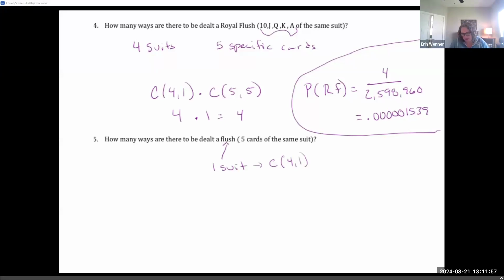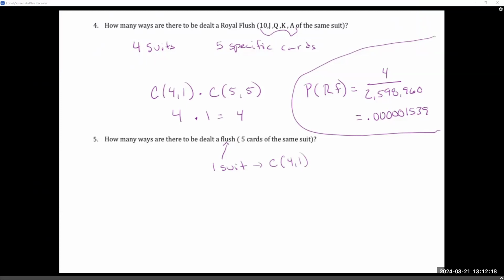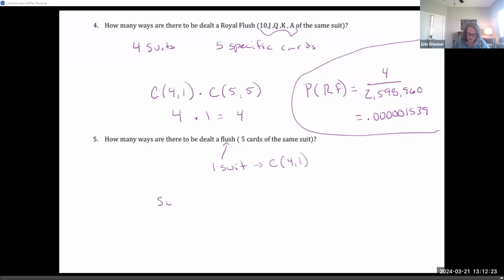So the second piece is that we just want to choose 5 cards. I'm not limiting them to 5 specific cards. I'm choosing 5 cards for some number. So how many cards are there to choose from within one suit? 13. Mm-hmm. So what we're looking at is suit times 5 cards, and of those 5 cards, we can choose from 13 of them.